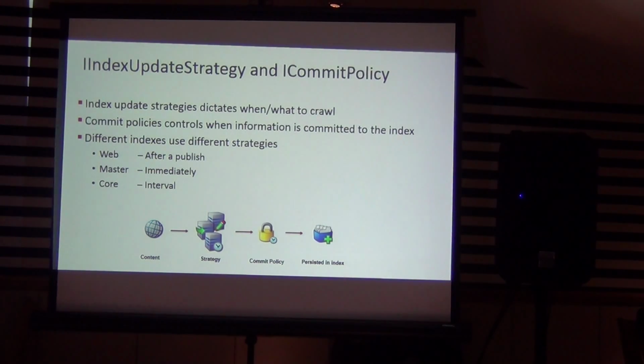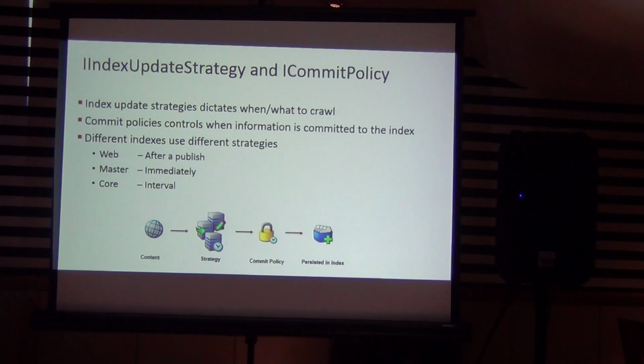When you have content, based on your index strategy, it will at an interval be selected, it will be crawled for indexing. And the crawling is of course done by the provider you're using. Then each of the providers, so both Solr and Lucene, use something called commit policies to decide when actually to write this back.